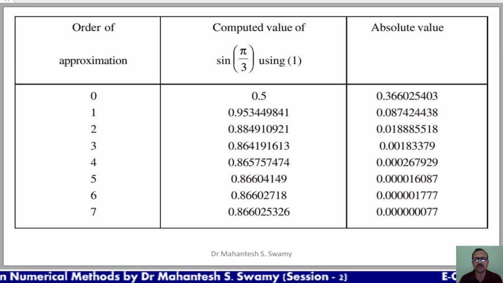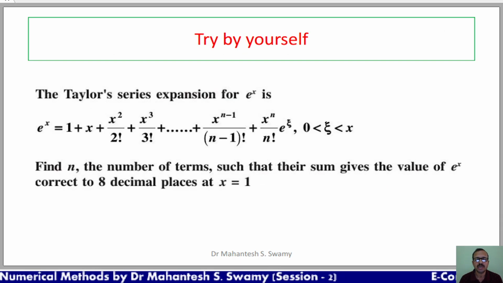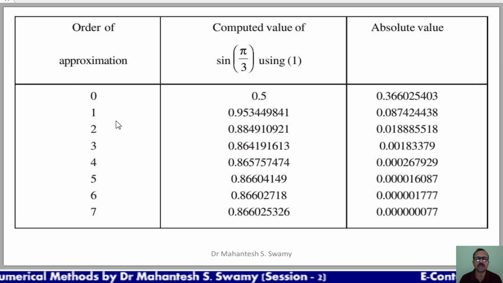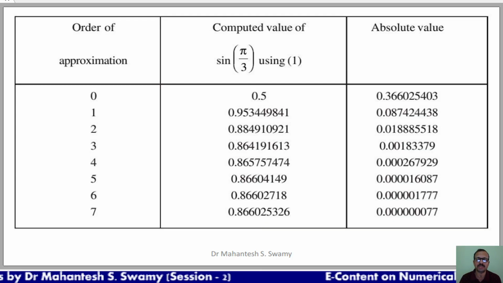So what we conclude here is that when we consider the approximation of higher order, the errors will be lowered. That is, if you retain more and more terms in the Taylor series expansion, then the error will reduce to a greater extent, so the value obtained will be very much closer to the exact value. This is the conclusion from this table.